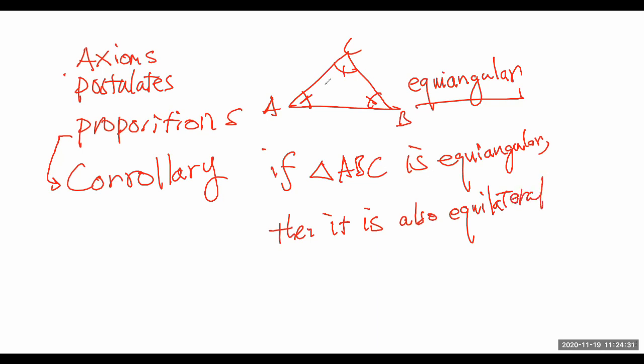So which means if we have triangle ABC where all the angles are the same, congruent, then all the sides will be congruent.